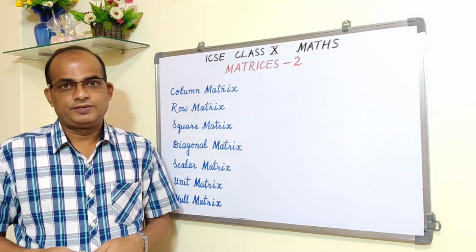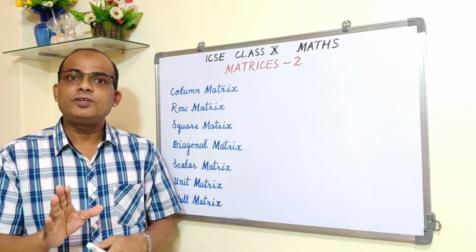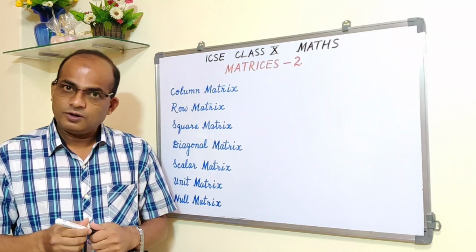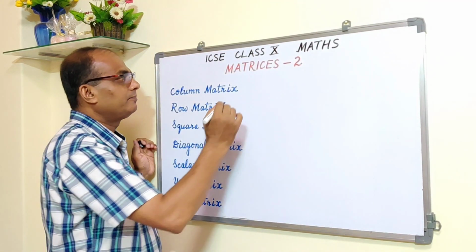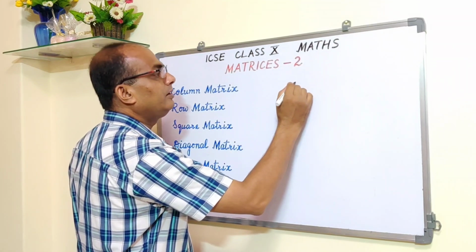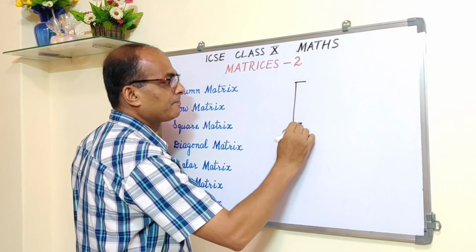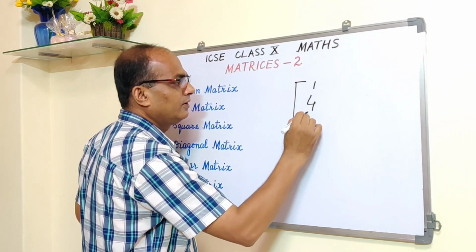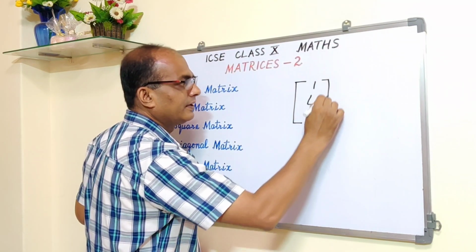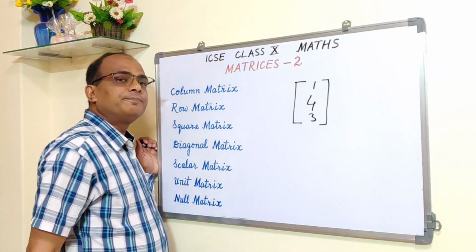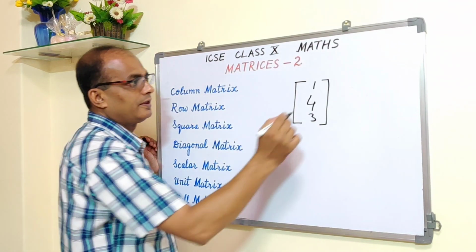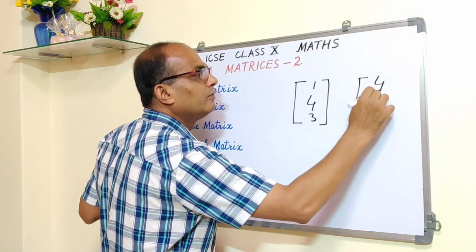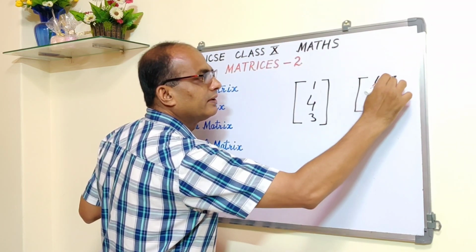What is a column matrix? A matrix in which there is only one column is called a column matrix. For example, 1, 4, 3. There is only one column. Another example, 4, 6.